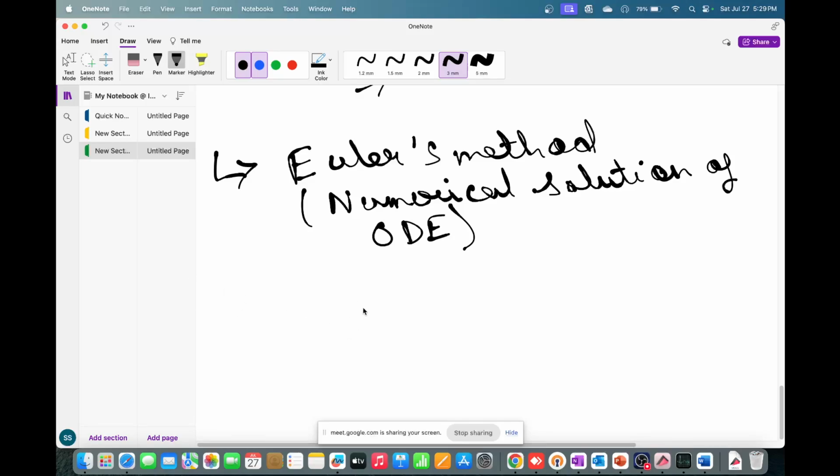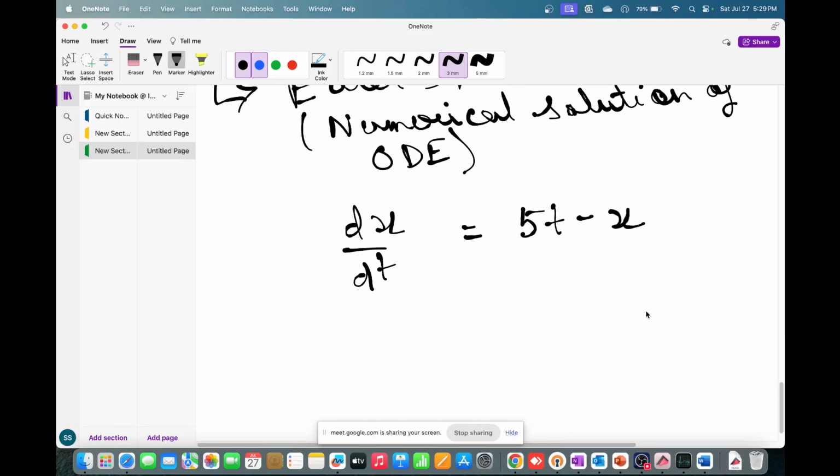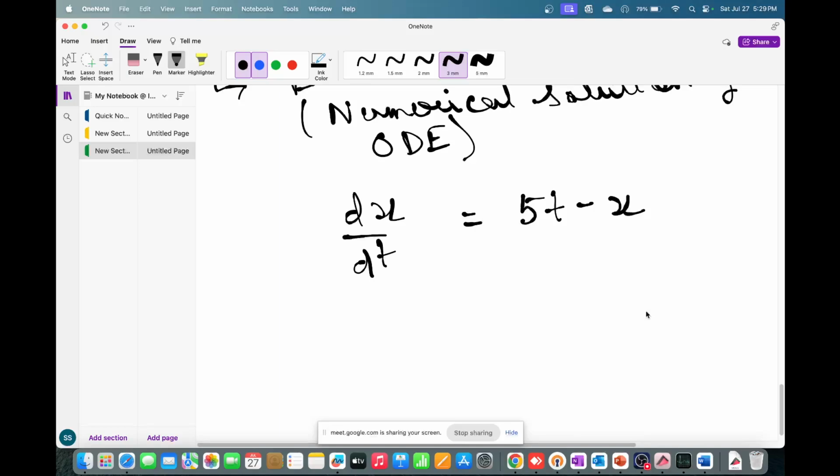For example, you have an equation like this: dx/dt equal to 5t minus x. Now, if you see, this is an equation that looks fairly straightforward, but you cannot directly separate out the variables.